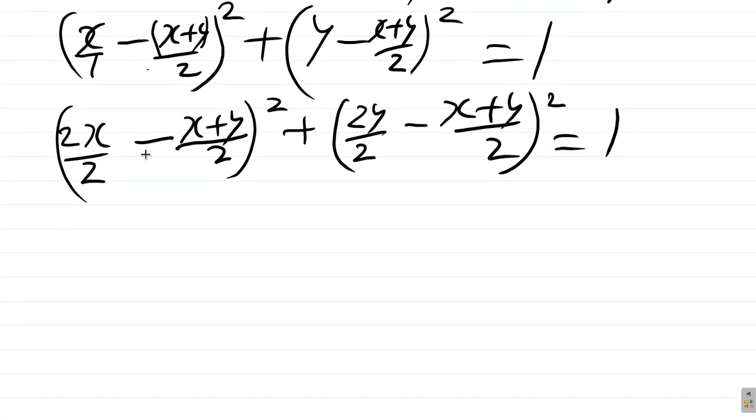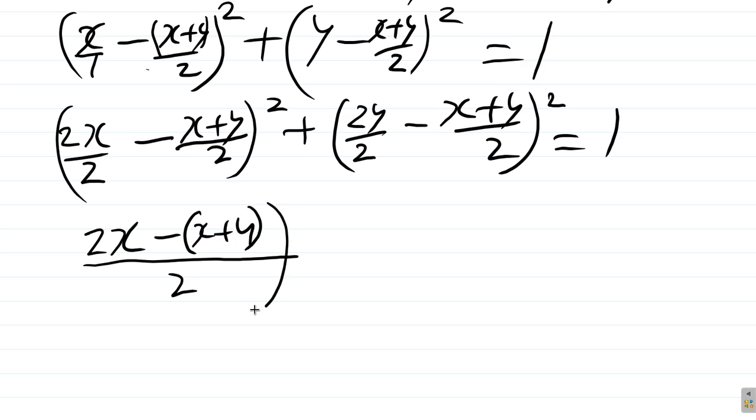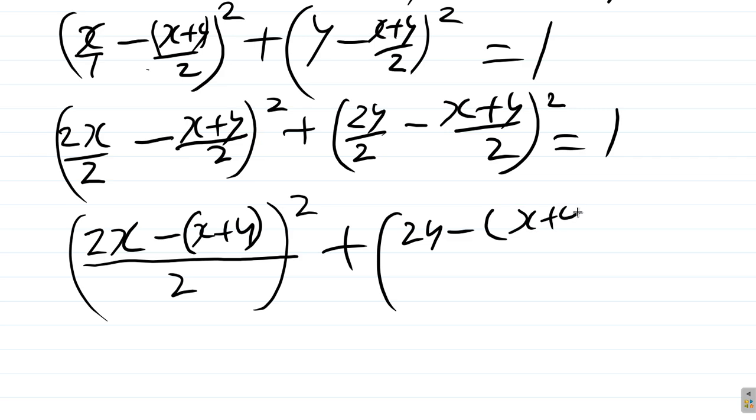What happened here now? You can write this as (2x minus something) all over 2. You have to put the bracket here: (x plus y), squared, plus, same thing here, (2y minus (x plus y)) all over 2, squared, equals 1.